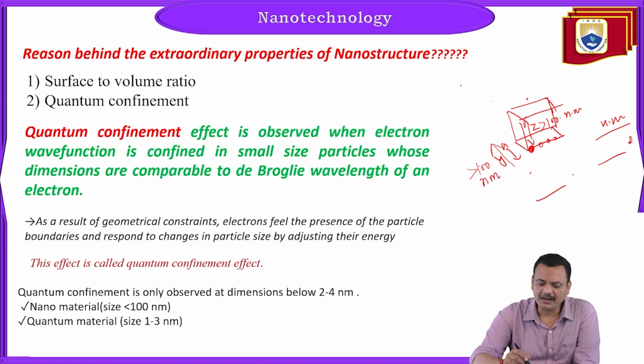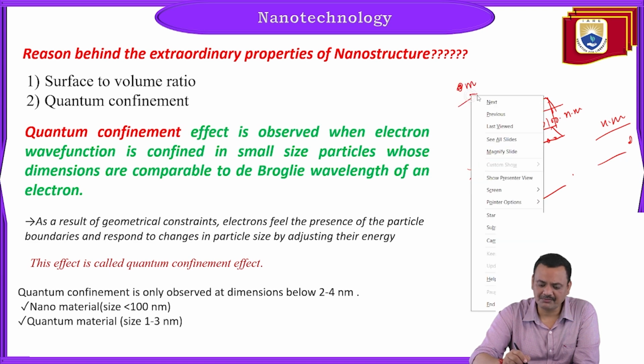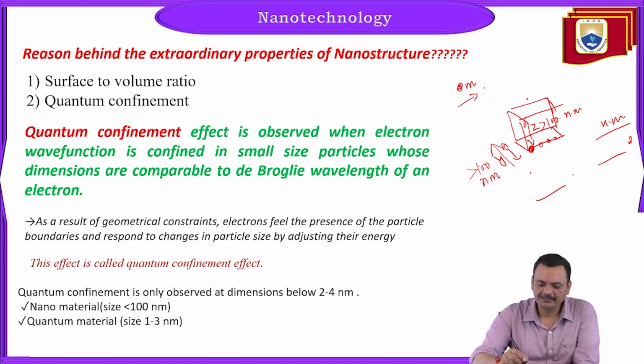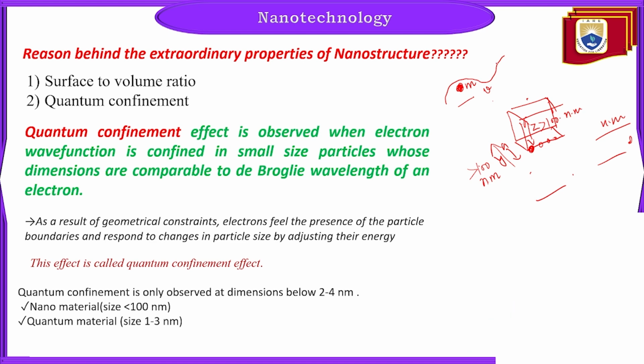If any particle of mass m is moving with velocity v, a kind of wave will always be associated with it, known as the matter wave or de Broglie wave, and the wavelength of this wave is lambda equal to h upon p, the momentum of this particle, because the particle is in motion.